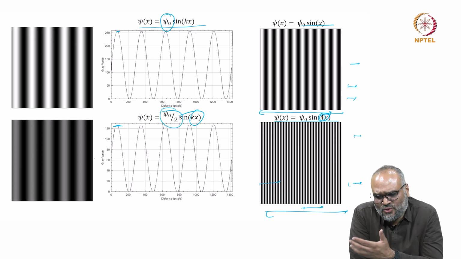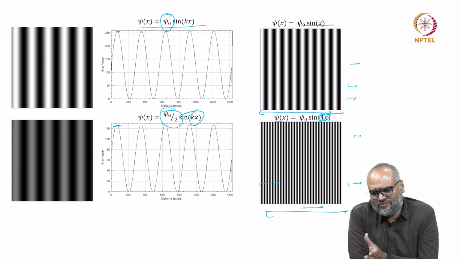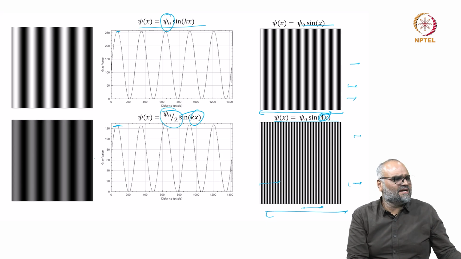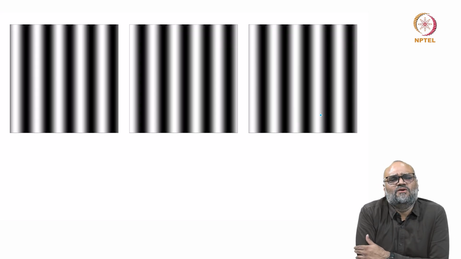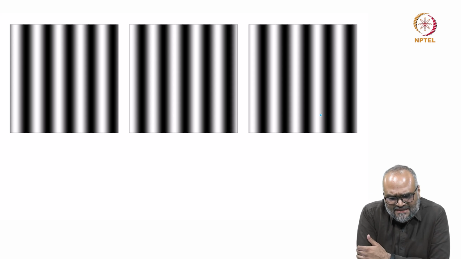Where am I heading with this? This is the simplest case, and if I now complicate it slightly by showing you images like this, if you notice these three images, from the first visual comparison they all look extremely similar.